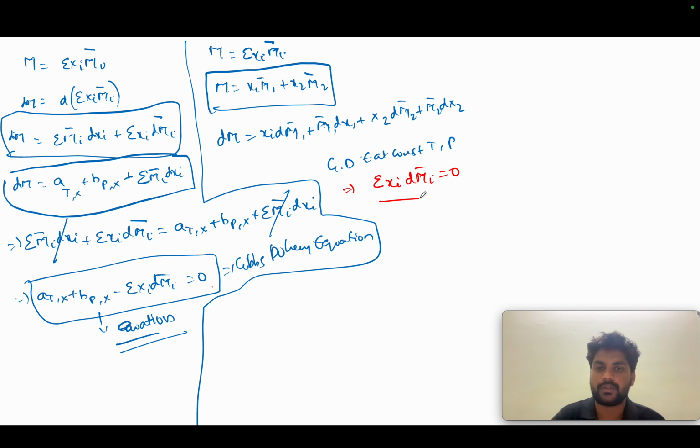So now you have this equation. What does it say? The addition of these two will be 0, so it means this will go to 0.